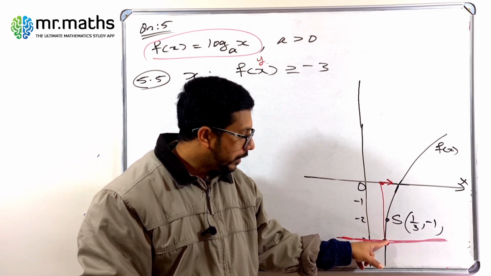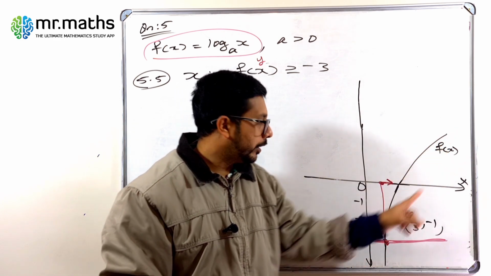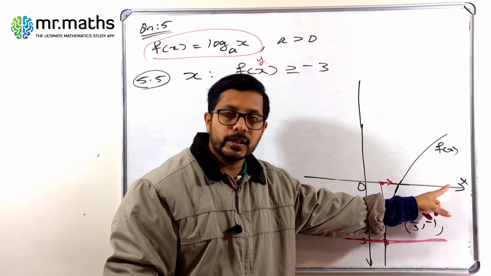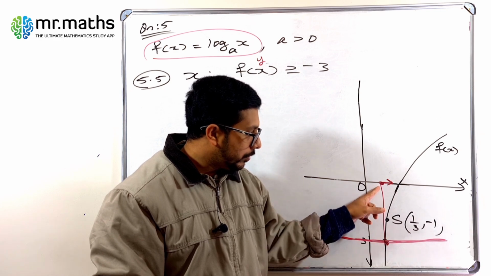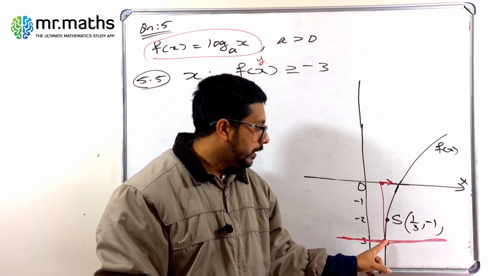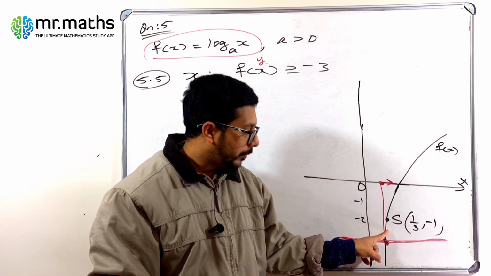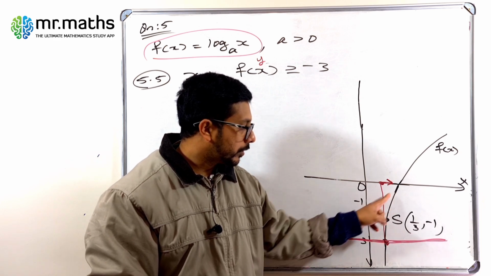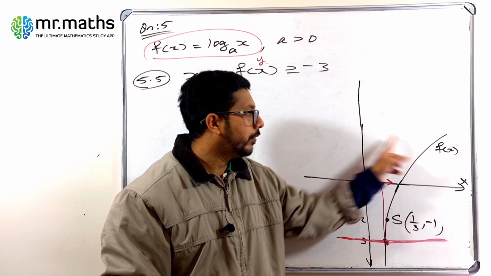Then y greater than minus 3 means this part: from that point to that side, y is greater than minus 3. Here y is greater than minus 3, and here, and here.